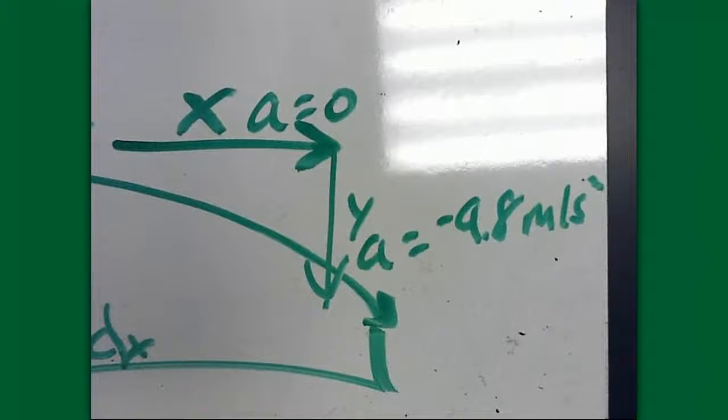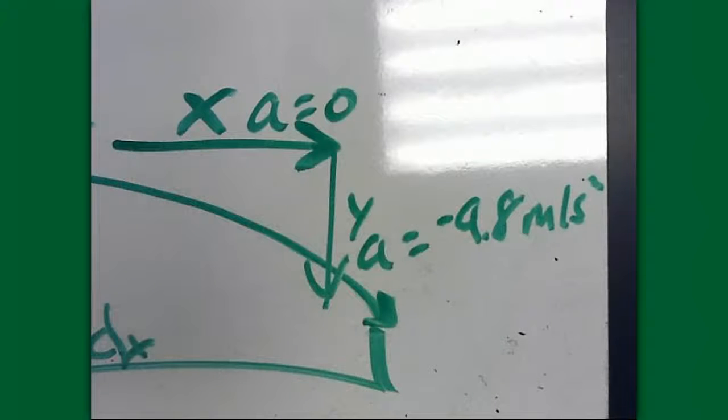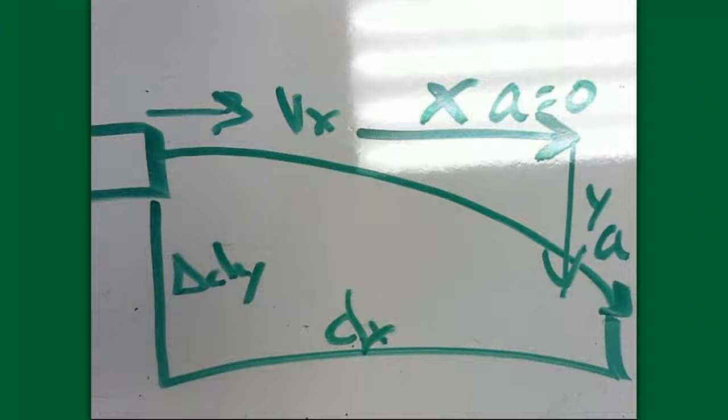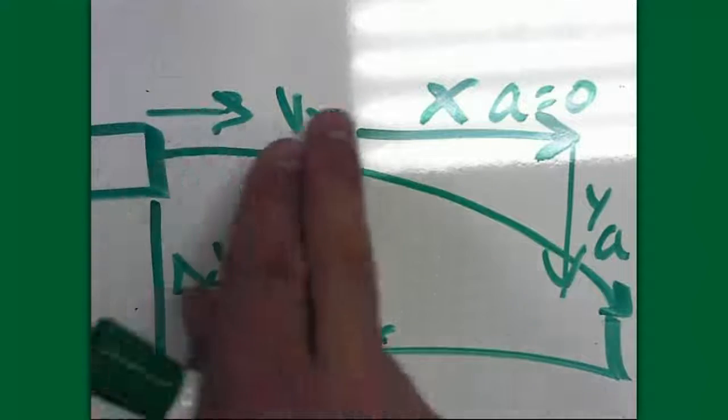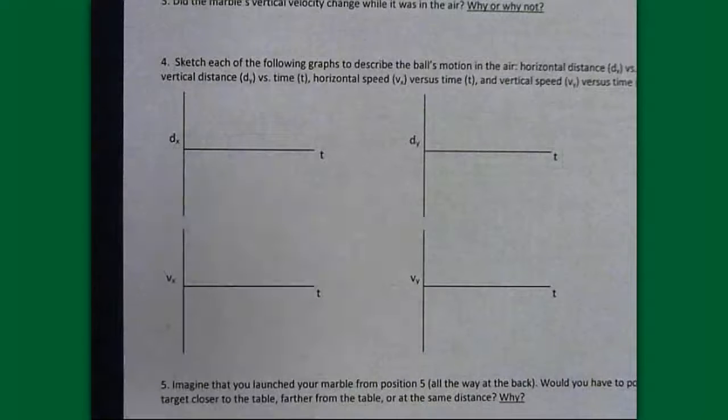The projectile will speed up in the y direction as it nears the ground because of the influence of gravity. In other words, there's a force in the y direction. Forces that are unbalanced cause acceleration, but there's no forces in the x direction as long as we neglect air resistance. So once this marble leaves the cannon, there's no forces acting. Therefore, whatever speed it leaves at, Vx, that's the Vx it's going to keep. That's the x component of the speed that's still going to happen all the way through the entire flight of the ball.